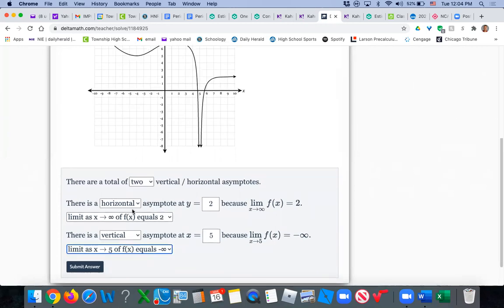Again, it's horizontal right here at y equals 2, because as x goes to infinity, our y's go to 2. And right here is a vertical asymptote at x equals 5, because as x goes to 5, our y values go to -infinity.